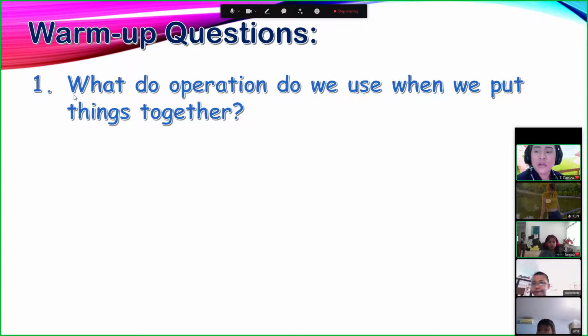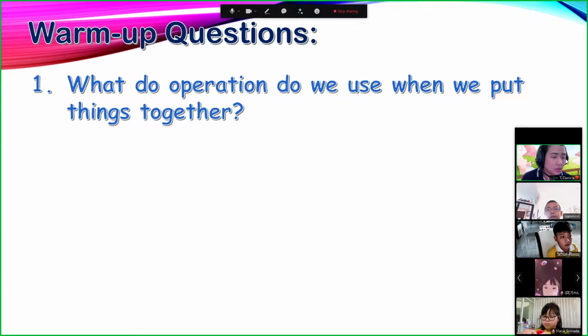Number 1, let us read. What operation do we use when we put things together? Do not read "do" at the start, teacher is not correct here.